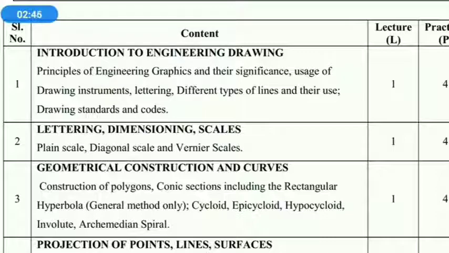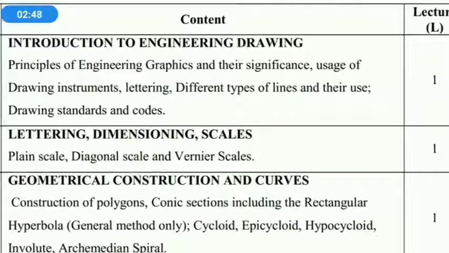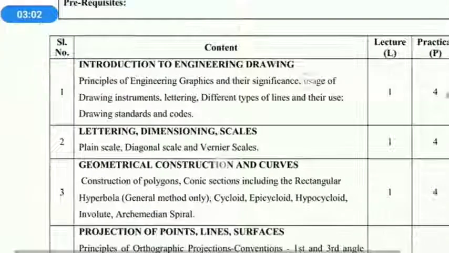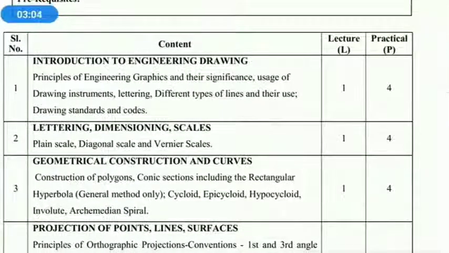It covers principles of engineering graphics and their significance, usage of drawing instruments, lettering, and different types of lines and their use. We are also going to learn drawing standards and codes. In the first module we have 1 lecture period and 4 practical periods, as you can see from here.